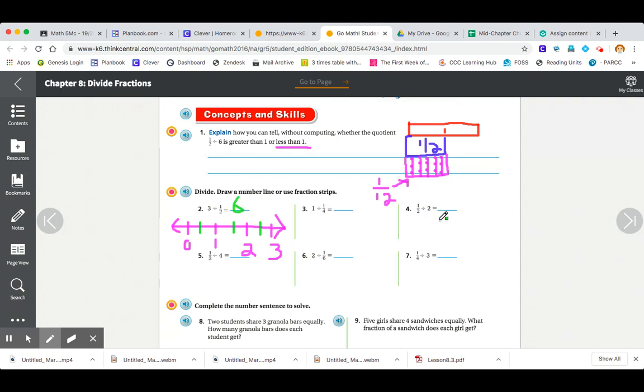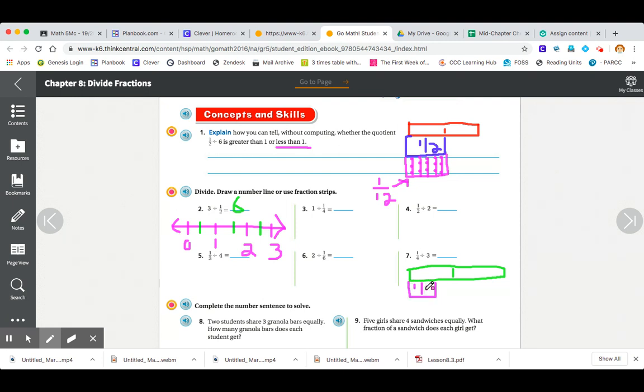Let's take a look at one where we're dividing up a fraction again. 1/4 divided by 3. So I'm taking a small number, I'm taking a fraction. The fraction is my dividend. And I'm dividing that fraction up by 3. So if I have one whole again, let's take a look at what a quarter looks like. So here's my quarter, right? 1/4.